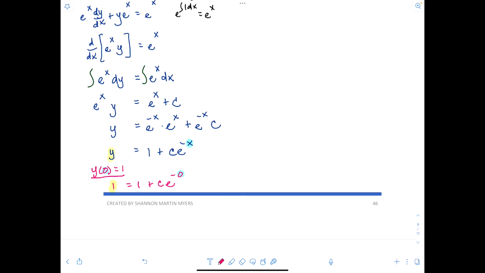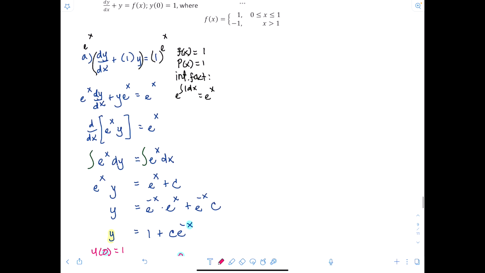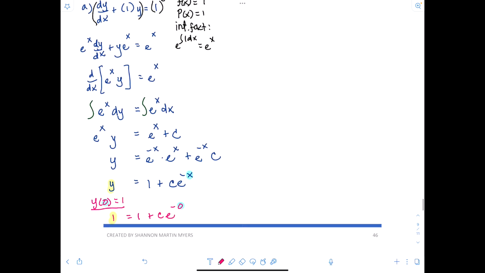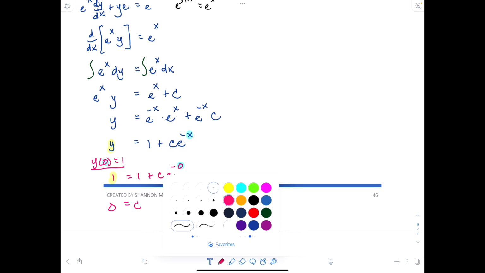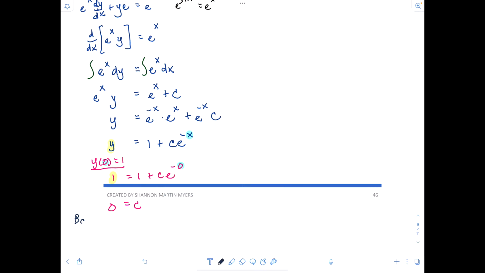And that in turn will give us 1 minus 1 is 0, so we'll get 0 is equal to c times 1, which is just c. So c is 0. And so for our first one, back substituting, we'll have y equals 1.